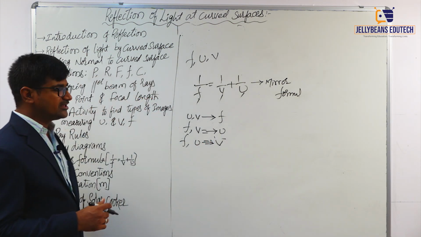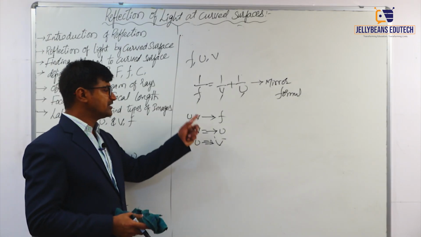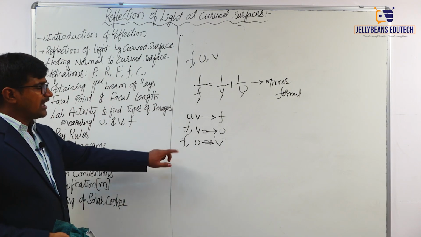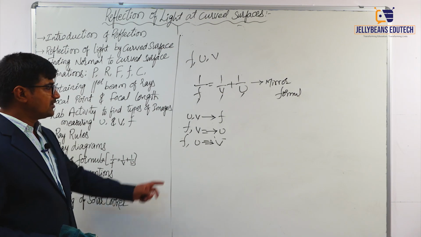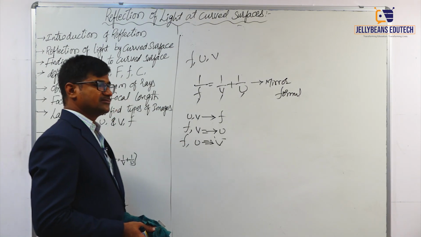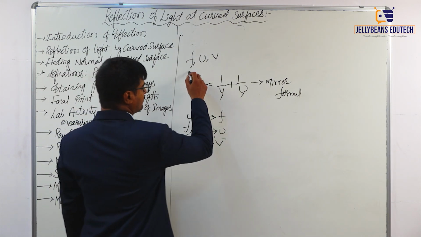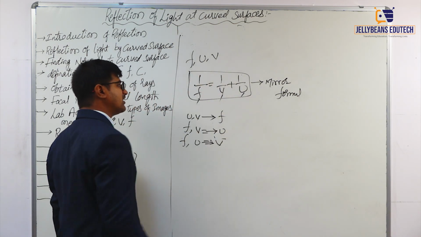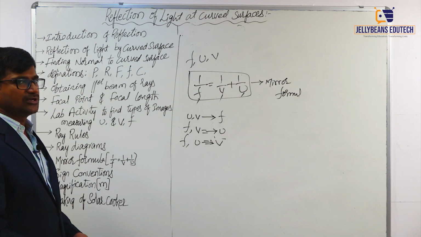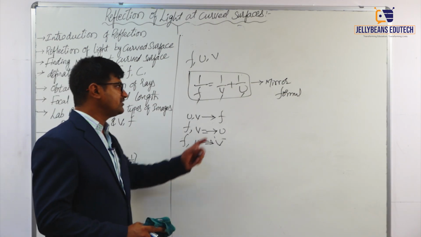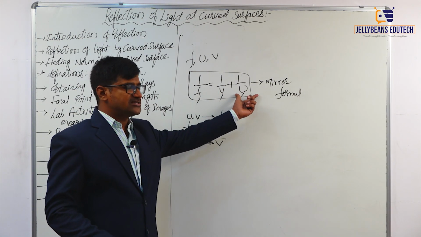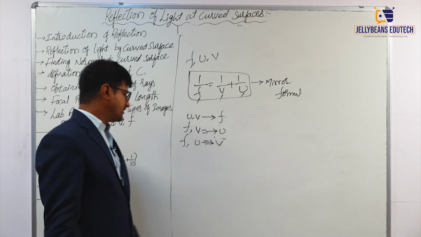In this way, this formula is utilized to find the other entity if two values are given. The mirror formula is 1 by F equals 1 by V plus 1 by U. It gives the relation between the object distance, image distance, and focal length.